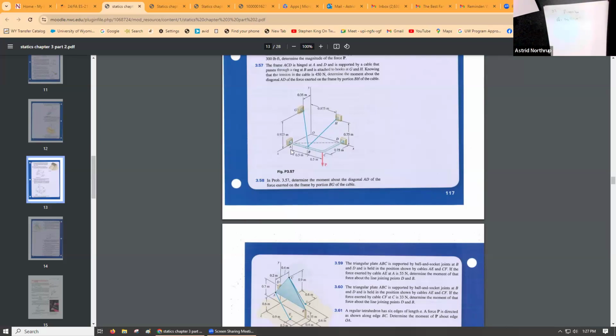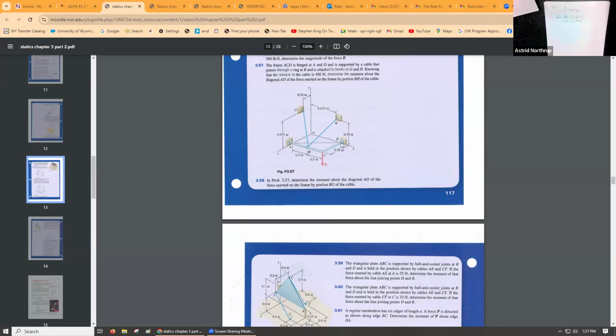First of all, this is a little bit more complicated, but it's okay. B is at 0.5 meters in the X direction. H is at 0.875 meters. So that means that in the X direction, it's 0.875 minus 0.5 meters, right? In other words, the distance from B to H extends to the right, which is positive, by 0.375 meters. In the Y direction, we go all the way up 0.75 meters, so that's also positive.